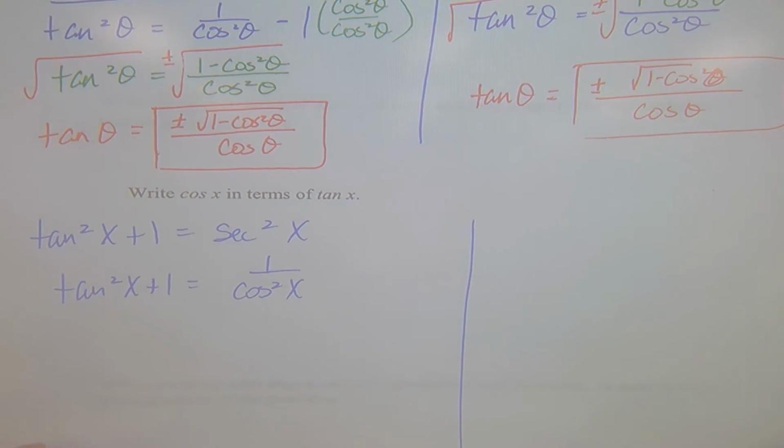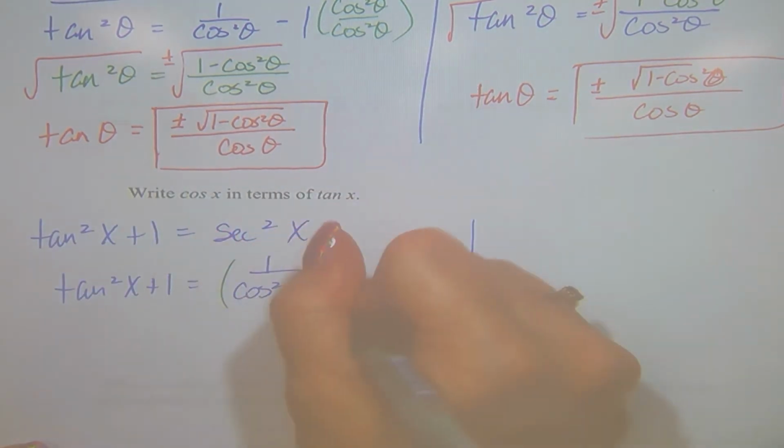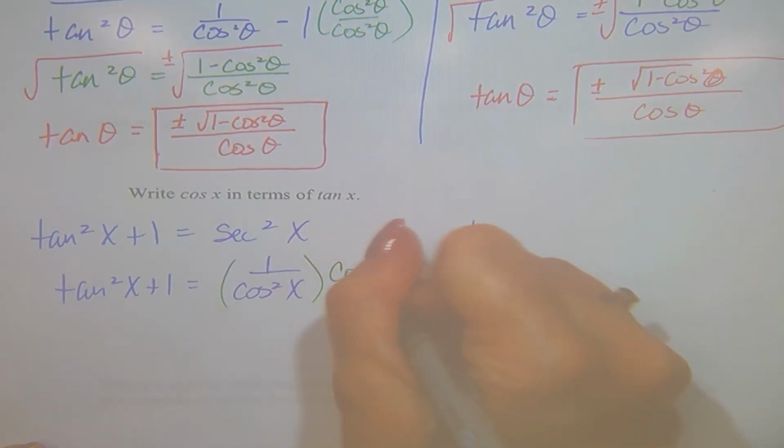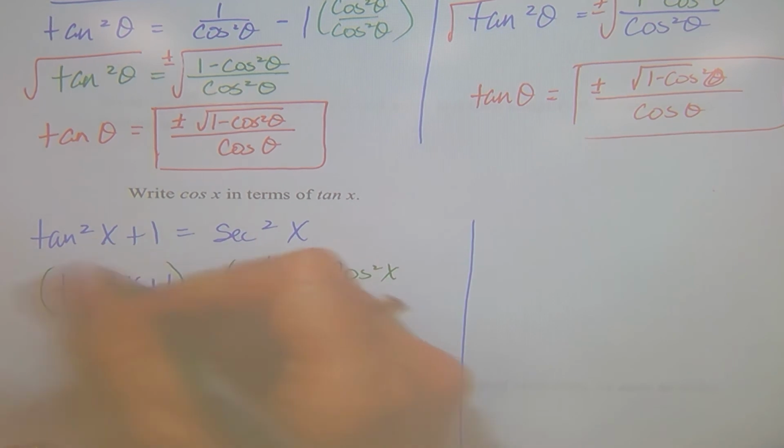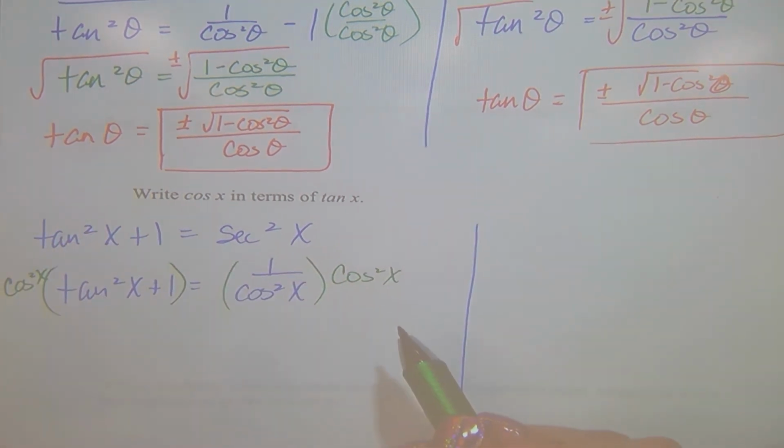The way to move forward here, we're writing cosine in terms of tangent. What am I going to do? I'm going to multiply both sides by cosine to get that out of the denominator, because that's my first struggle, is to get cosine out of the denominator.